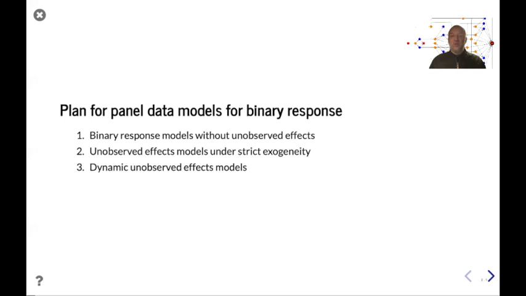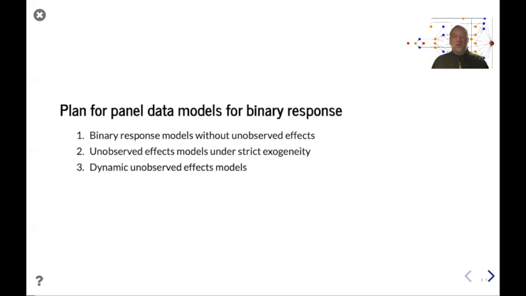We're going to start with the static models first, developed under strict exogeneity assumptions. So here we can estimate random effects models, like the random effects probit model or the random effects logit model. We can allow for some correlation between the explanatory variables and the unobserved effect through the so-called correlated random effects models. Or we can even completely remove the unobserved effect by fixed effects models, such as the fixed effects logit.